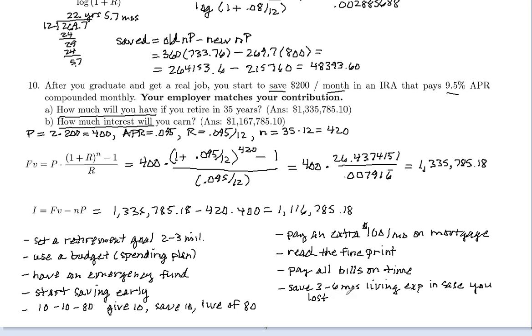Because you would get some unemployment, but it may not be enough to get by. So 3 to 6 months of living expenses could take you through a year of trying to find a new job. And you wouldn't lose everything you own, wouldn't lose your car, wouldn't lose your house.